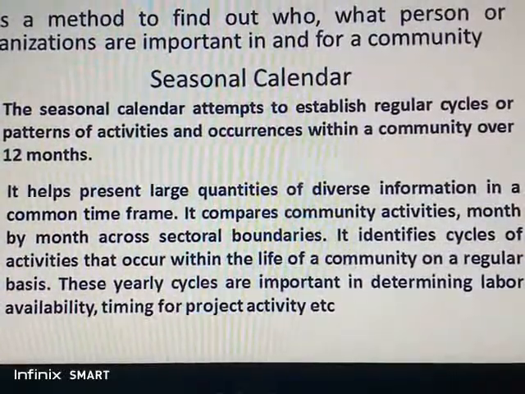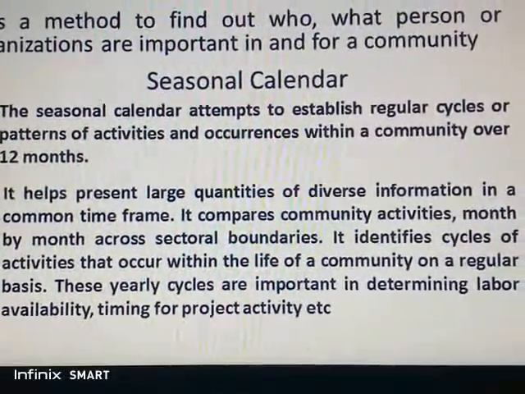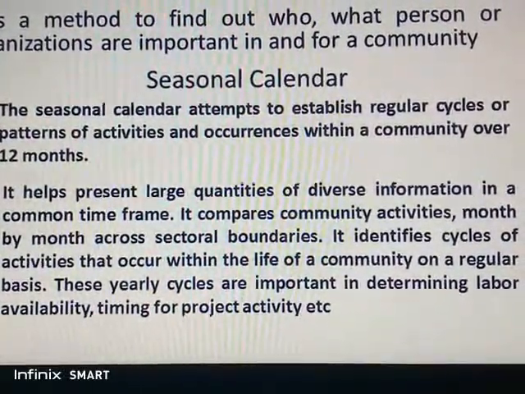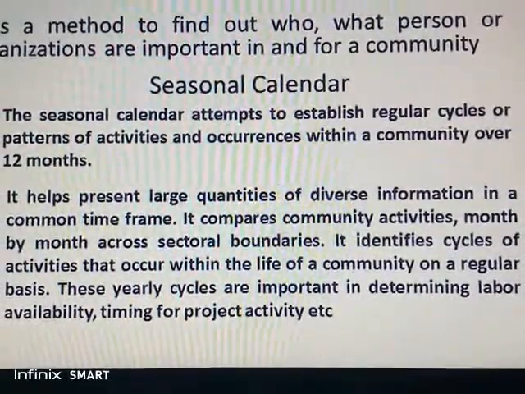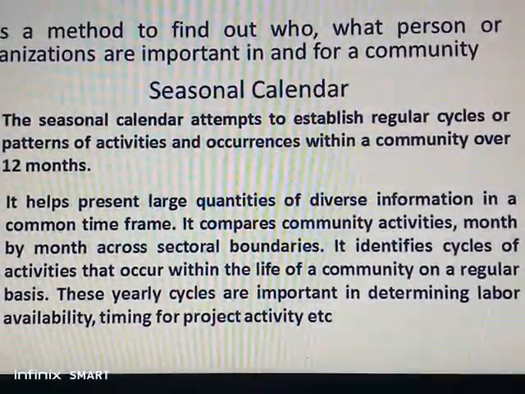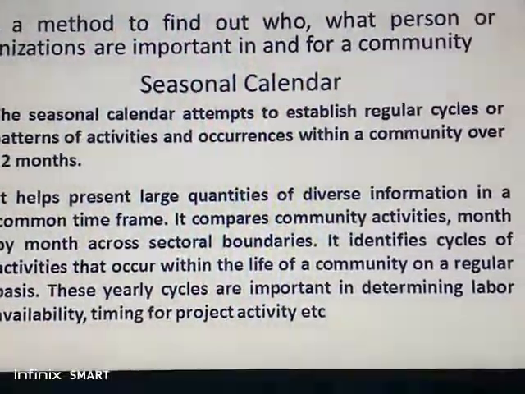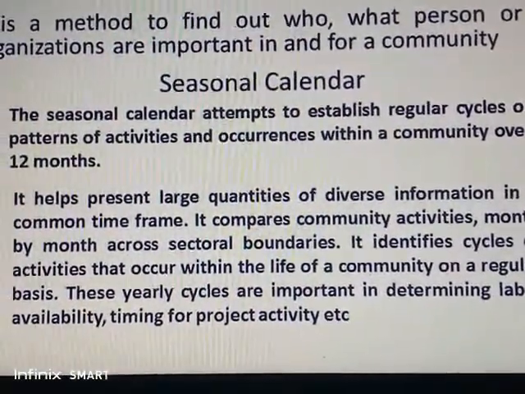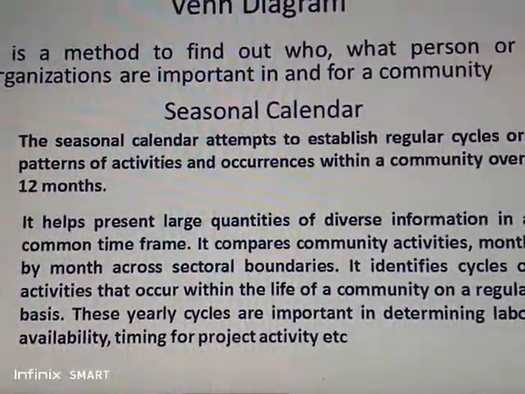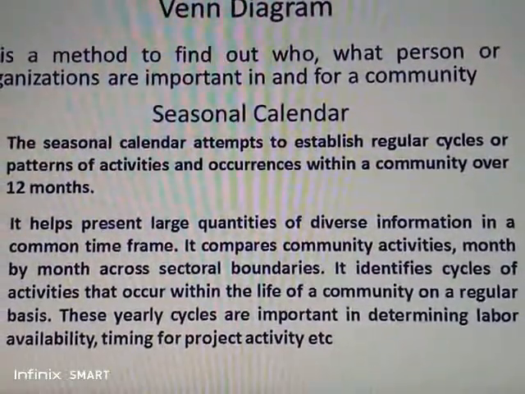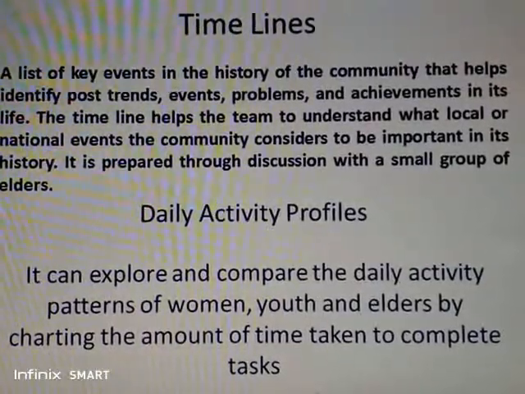Seasonal calendar. A seasonal calendar attempts to establish regular cycles or patterns of activities and occurrences within a community over 12 months. It helps present a large quantity of diverse information in a common time frame.